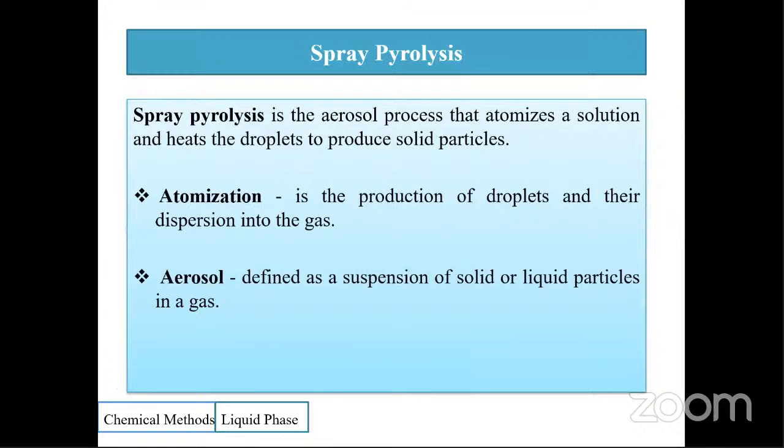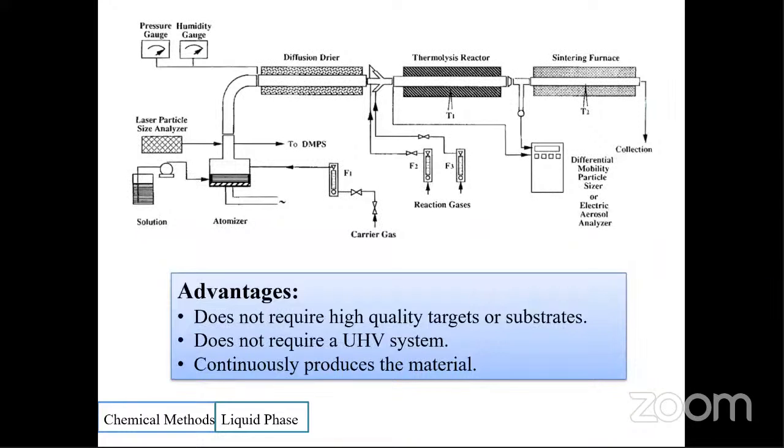Then the technique is pyrolysis. Basically it is an aerosol process that atomizes a solution and heats the droplets to produce solid particles. Atomization, all of us know, is the production of droplets and their dispersion into the gas. However, aerosol is defined as a suspension of solid or liquid particles in a gas. So this is a schematic diagram of such a system.